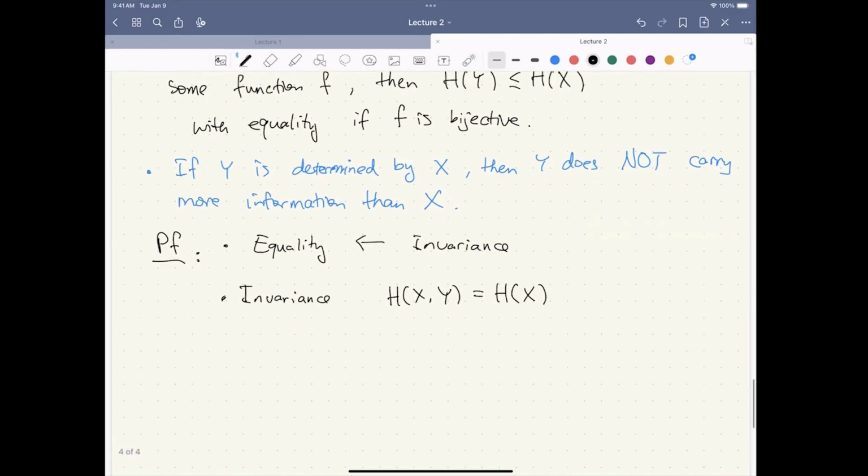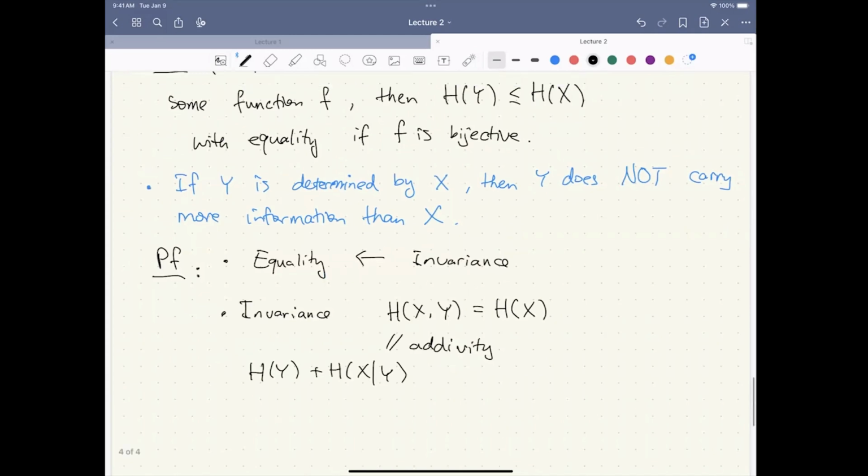On the other hand, what is this guy on the left? By additivity, the joint information equals the information we get from y plus the information we get from x on top of y.